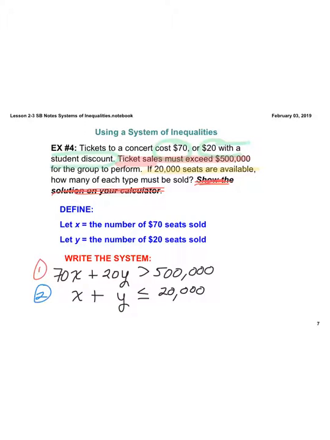So there's your system. Then to graph it, you're going to have to solve each equation for Y. So just like we did before, don't worry that the numbers are big. So for the first inequality, I'll show you how to deal with that.